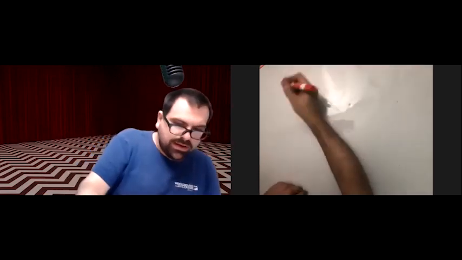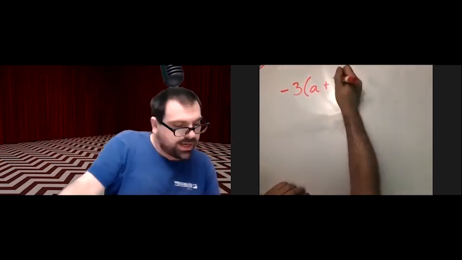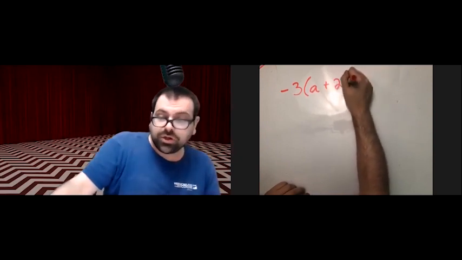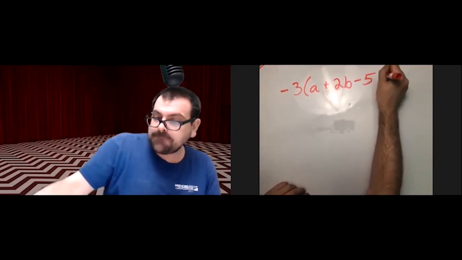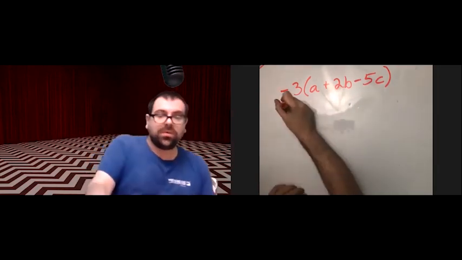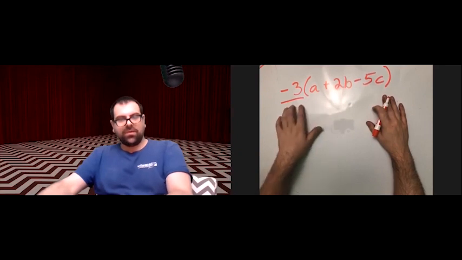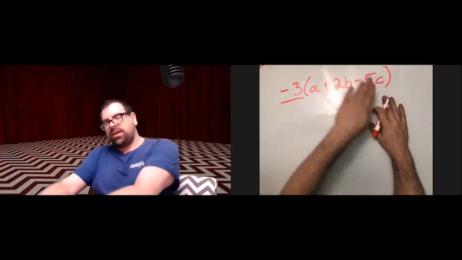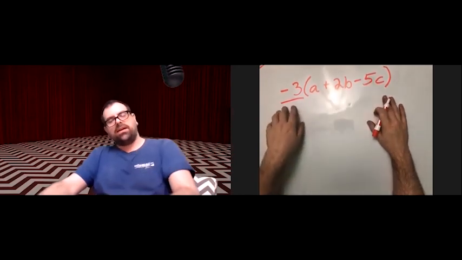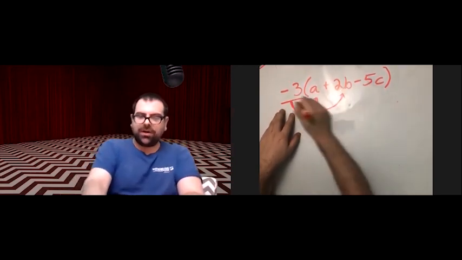But let's say we had -3 times the quantity A plus 2B minus 5C. Okay, so the coefficient -3 is going to be multiplied by every coefficient here as part of multiplying the entire -3 by each term.